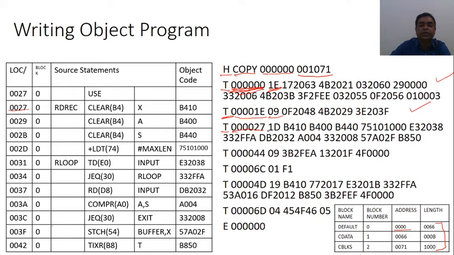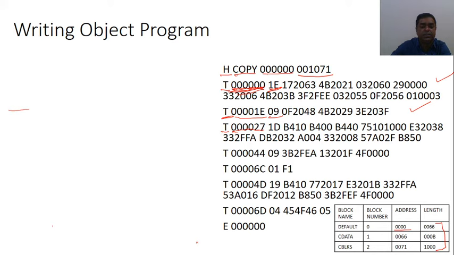Now, what is the size of this text record? We can get it by just counting the number of bytes: 1, 2, 3, up to 29.